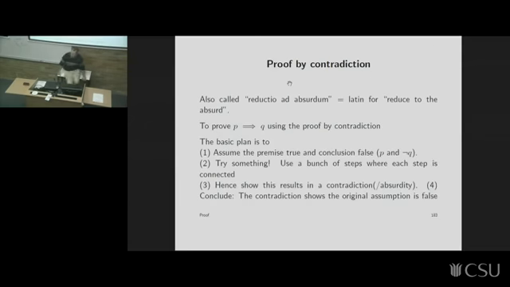This is a very common strategy when doing mathematics. It's an old strategy, therefore it's got a Latin name, reductio ad absurdum, which basically means reduce to the absurd. So that just shows it's an old proof technique.